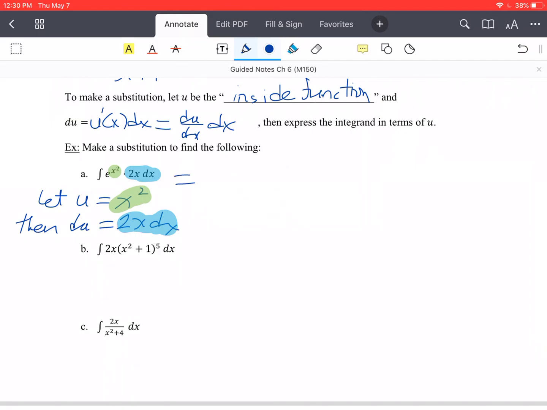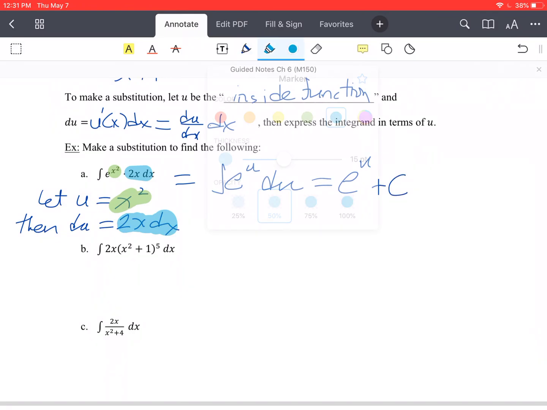So let's go ahead and make the substitution. This is going to be e to the u du. All right, so does everybody see how we're making that substitution there? Because now I can integrate this expression using just my knowledge of integrals. The antiderivative of e to the u is just e to the u plus c.